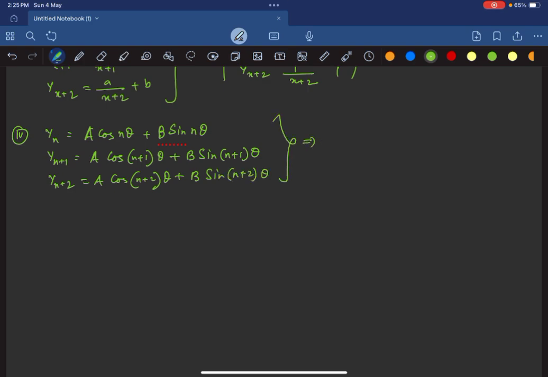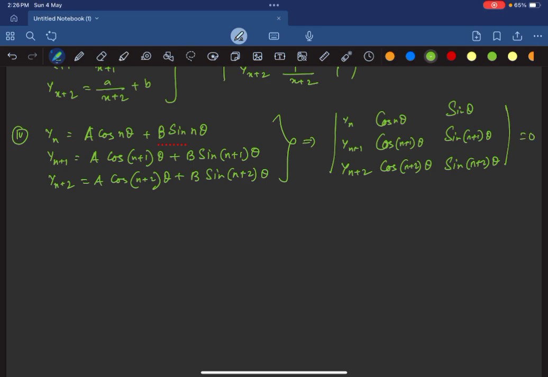Now from this setup, you need to write this determinant: y_n, y_{n+1}, y_{n+2}; cos n theta, cos (n+1) theta, cos (n+2) theta; sin n theta, sin (n+1) theta, sin (n+2) theta. Make it equal to 0 and simplify.